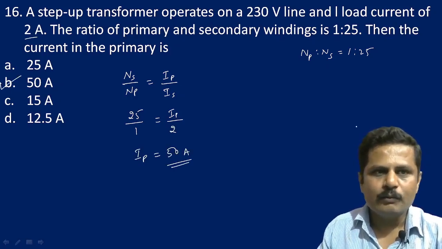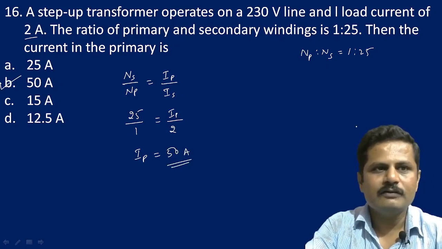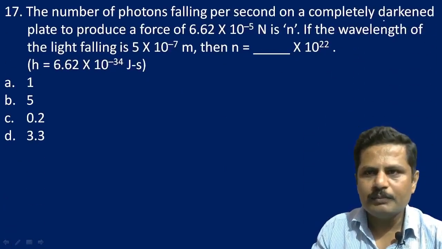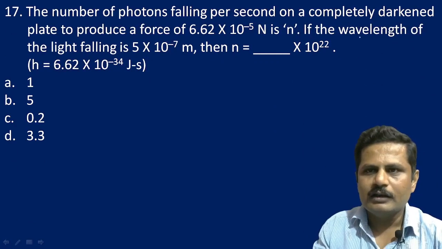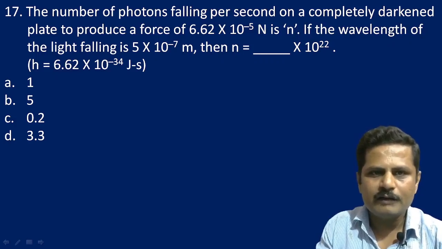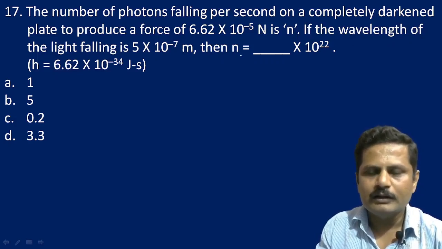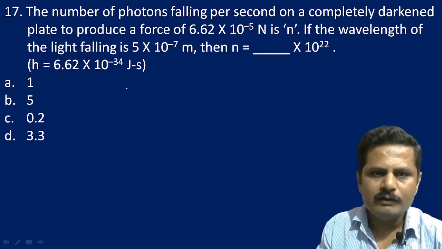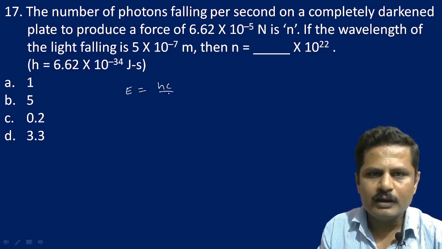Okay. Moving to the next question: the number of photons falling per second on a completely darkened plate to produce a force of 6.62 into 10 to the power minus 5 Newton is n. If the wavelength of the light falling is 5 into 10 to the power minus 7 meter, then n equals dash into 10 to the power 22. As we know, the energy of each photon is equal to hc divided by lambda.